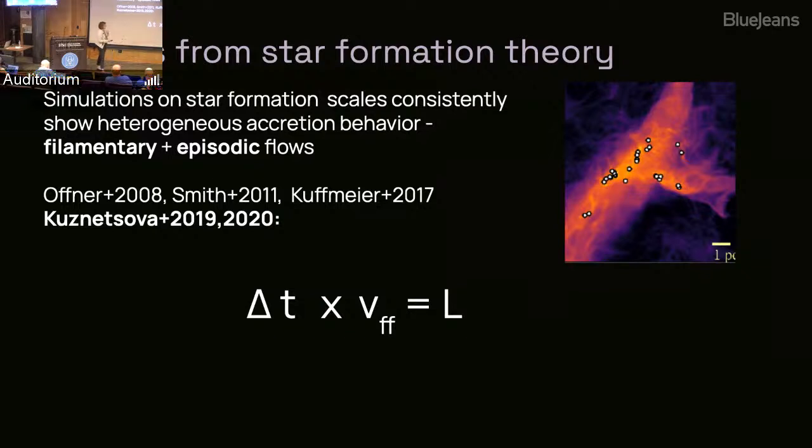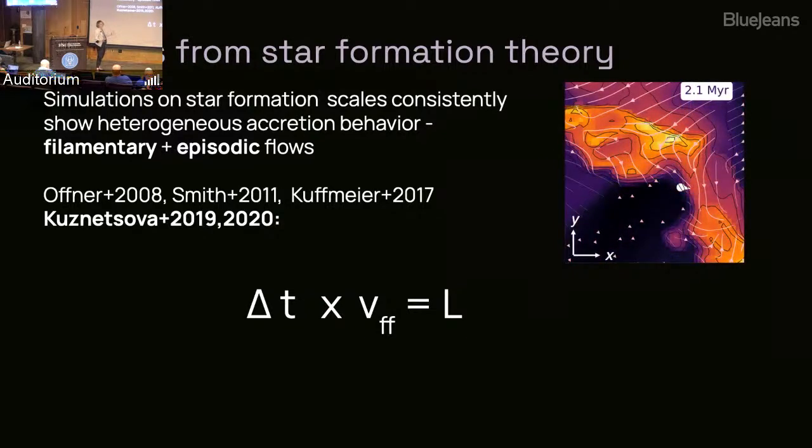If you go back and look at the statistics of all the stars you form in the simulation, and ask, well, it's episodic, so how long does an infall episode last, and what's the velocity it's falling in at, you can derive a length scale from which you are accreting. I'm not the first one to do this. This is now a common practice.